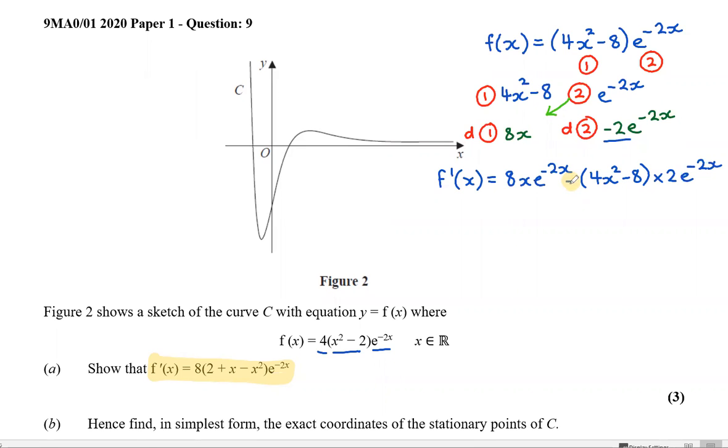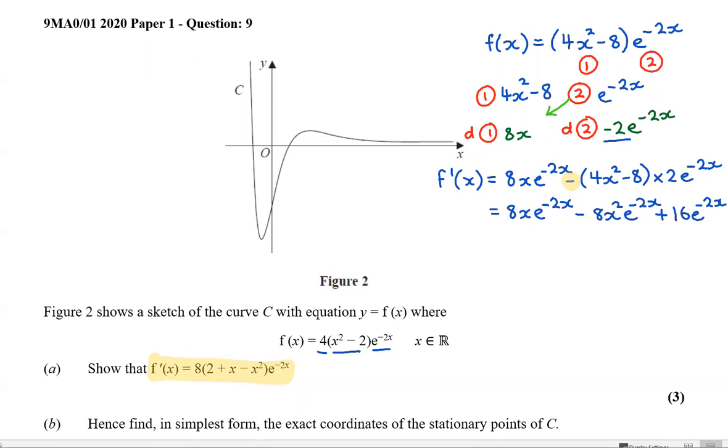Okay, now let's just expand this and see if we can recombine it, refactorize it. So the first term is fine. We've got 8x e to the negative 2x. And then if I multiply out all the second term, we're going to have negative 8x squared e to the negative 2x plus 16 e to the negative 2x.